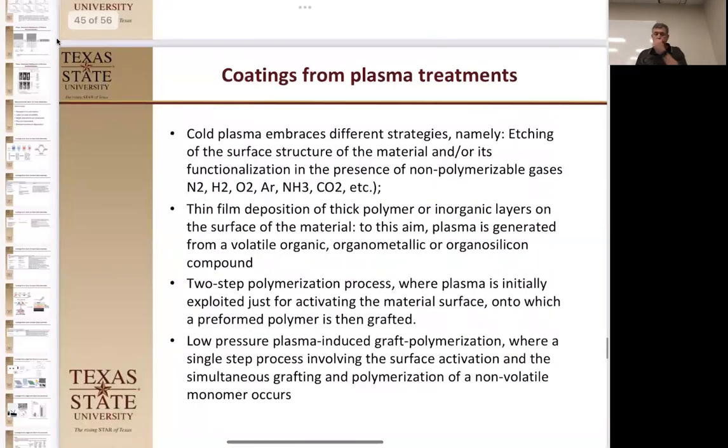Okay, so the last thing that they were talking about here is coatings from plasma treatments. They were specifically talking about cold plasma. In cold plasma, you're able to surface modify your material by reacting with different ions. If you react it with CO2, you're going to put carboxylates on the surface.